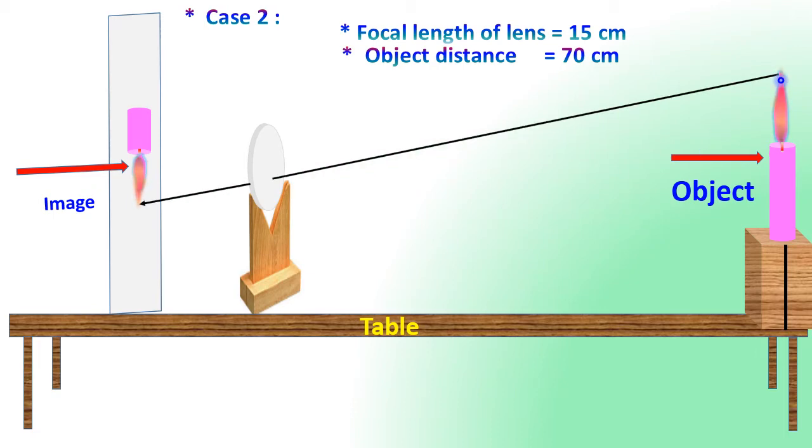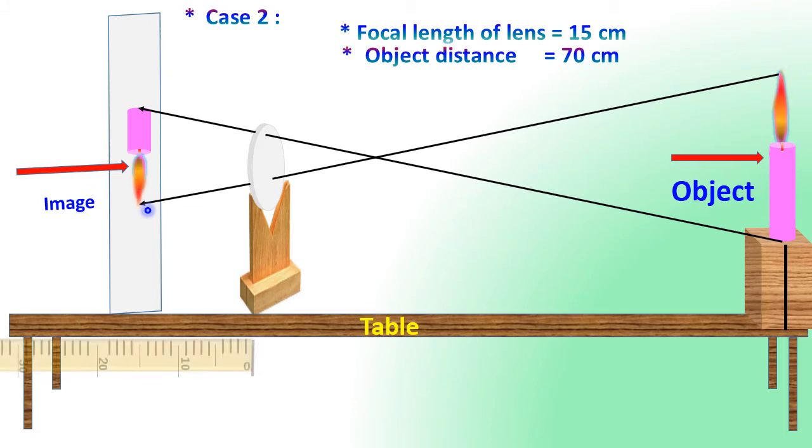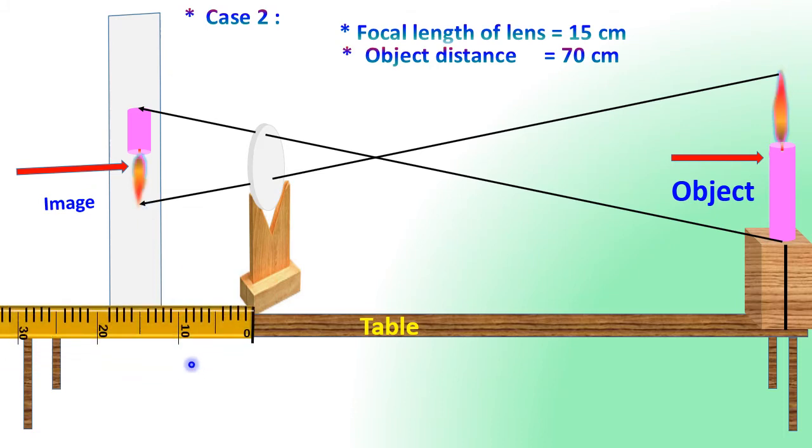From the top of the candle I have taken one ray, and here the other ray, to know the position of the image only. And let us measure the distance of the image from the lens. Here it is 19 centimeters.